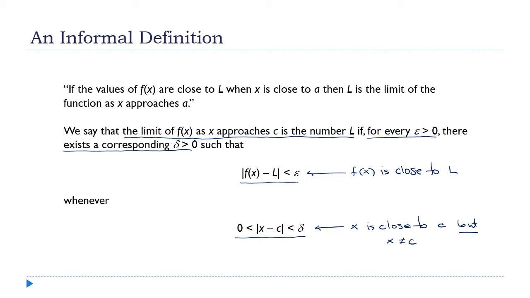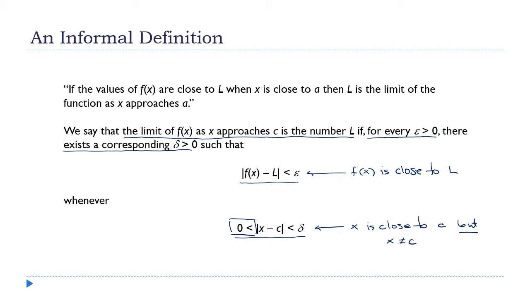That's this part here at the end. The only way the absolute value of x minus c could be equal to 0 is if x is equal to c. So that little part there at the end is ruling out that possibility.